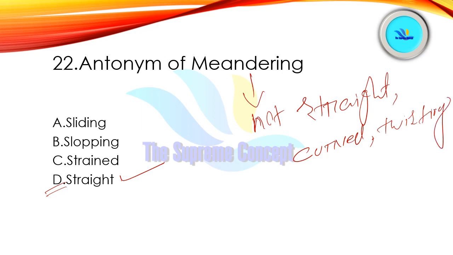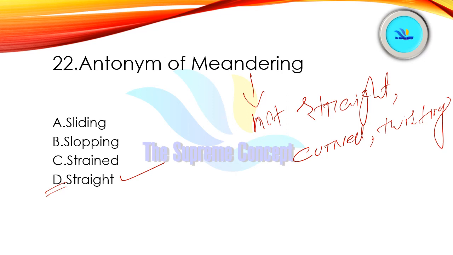Especially take the example of a river. Most of the rivers are meandering in nature, right? They are curved, not straight. The paths are not straight, so we can use meandering there. And then sliding, sliding means sloping like this. Sliding, sloping, all are synonyms.